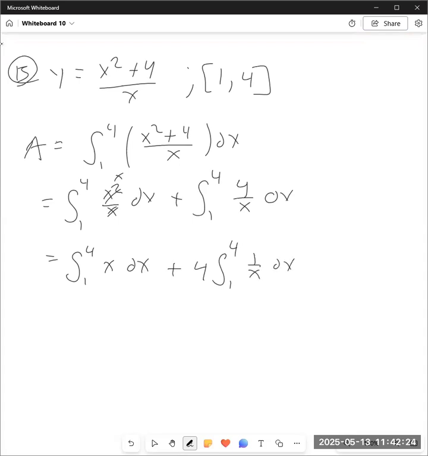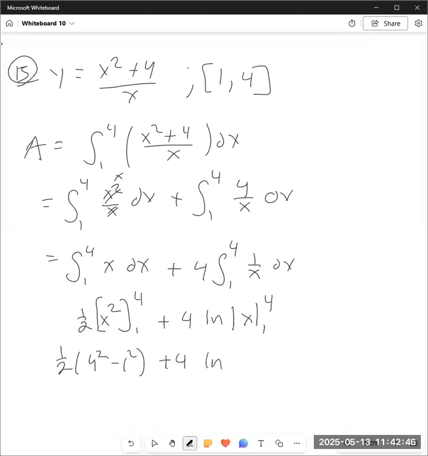So this is 1/2 x squared, evaluated from 1 to 4, plus 4 ln of the absolute value of x, evaluated from 1 to 4. That is 1/2 of 4 squared minus 1 squared, plus 4 ln of 4 minus ln of 1. ln of 1 is 0.